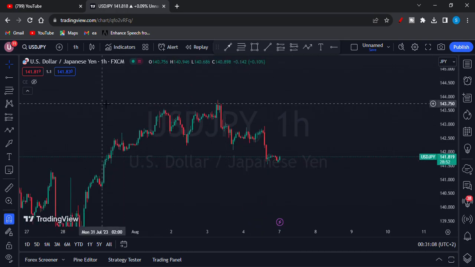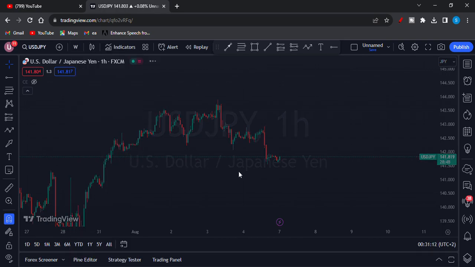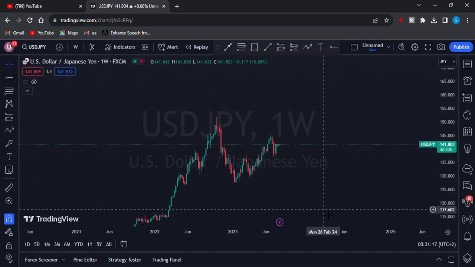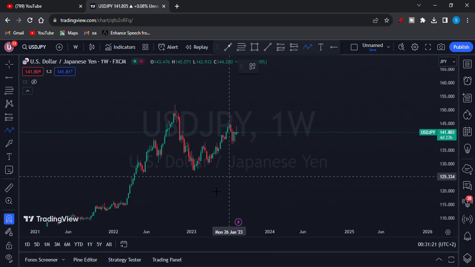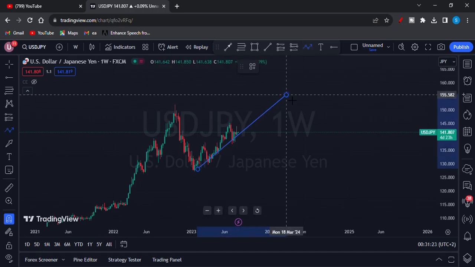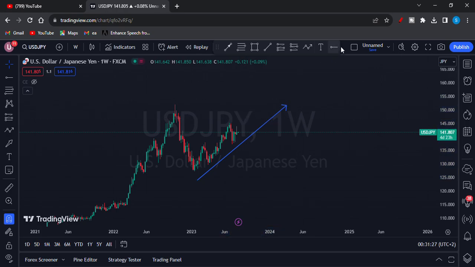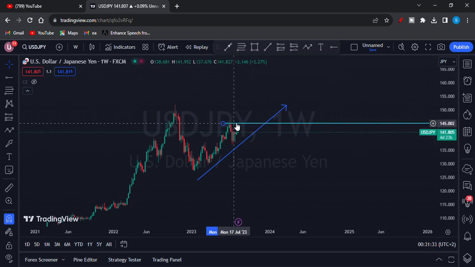Then let's go to our weekly time frame. On a weekly, we are on an uptrend. And then it's possible that we are heading towards this price right there.